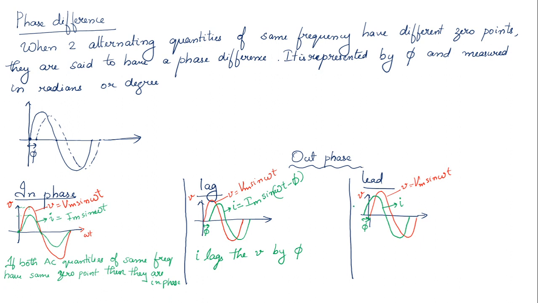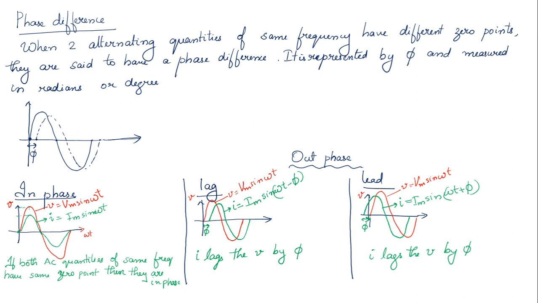I is equal to Im sin omega t plus phi. Now we can write this one as current leads the voltage by 5 degrees.